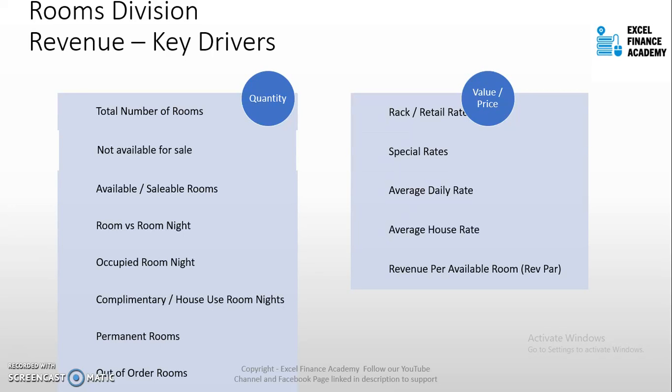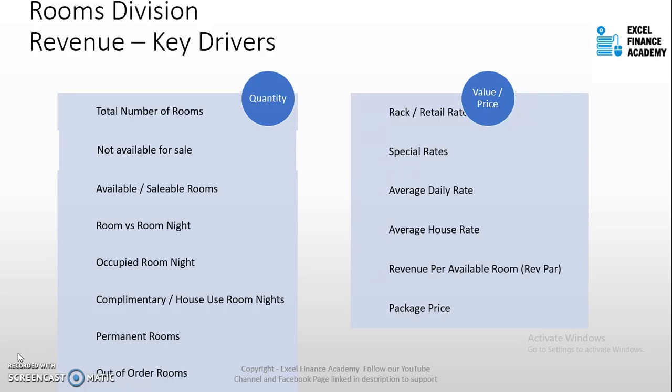It is calculated by room revenue divided by the total available rooms, not by occupied room nights. Another way is the occupancy percentage multiplied by the average daily rate. So there are two ways to calculate it very quickly. That was RevPAR. We're going to be learning about those terms in the future.